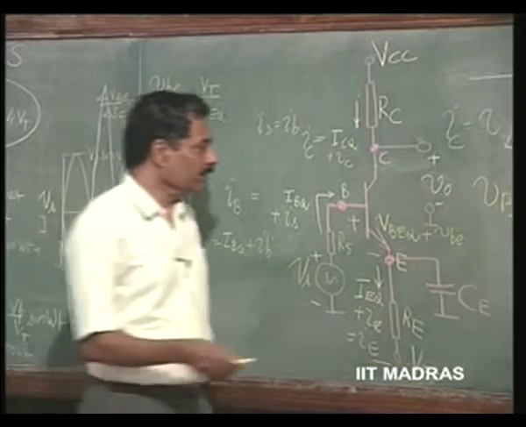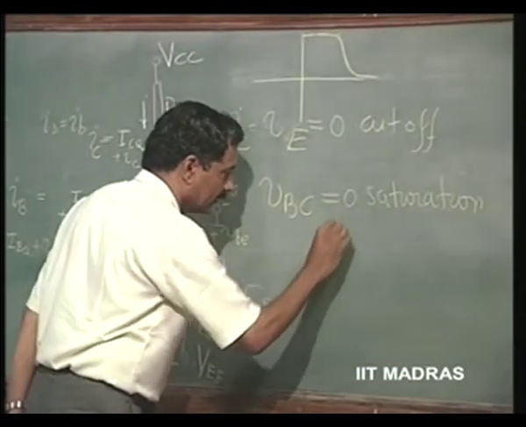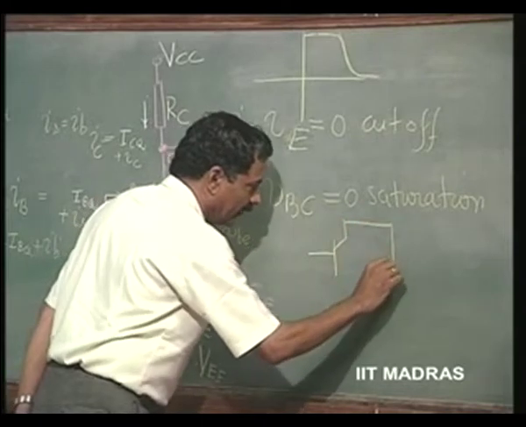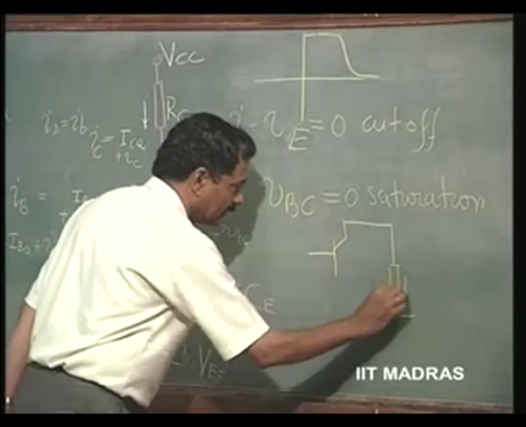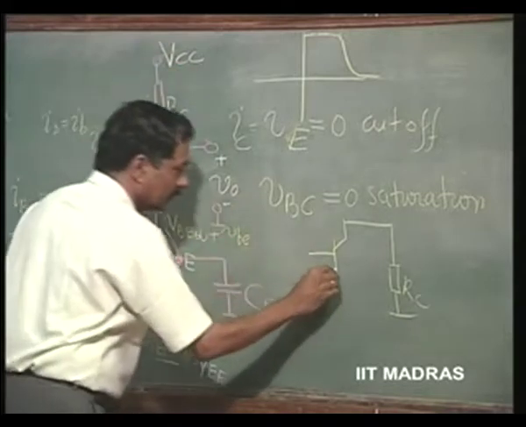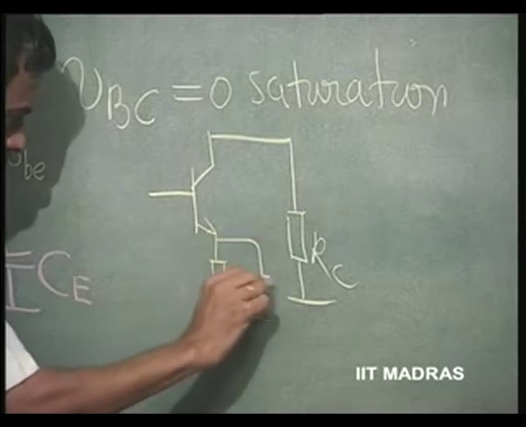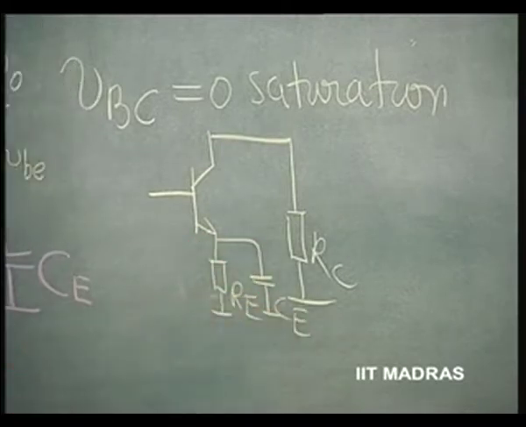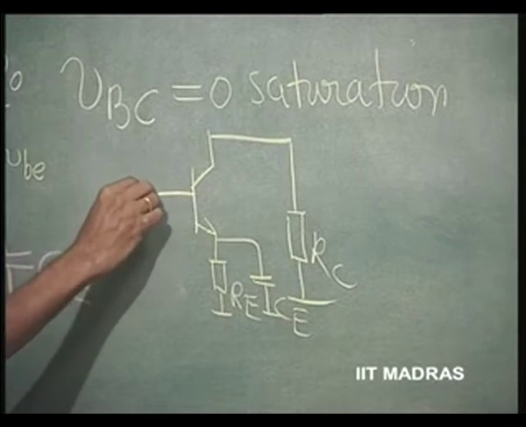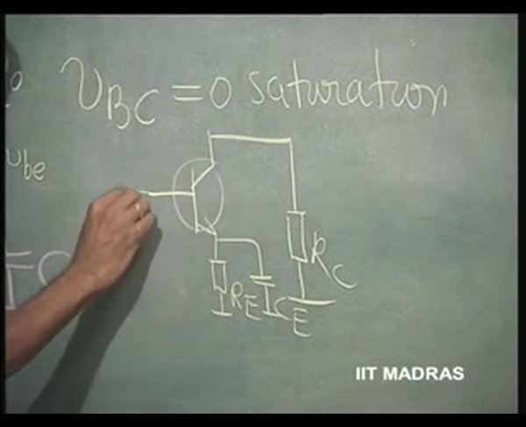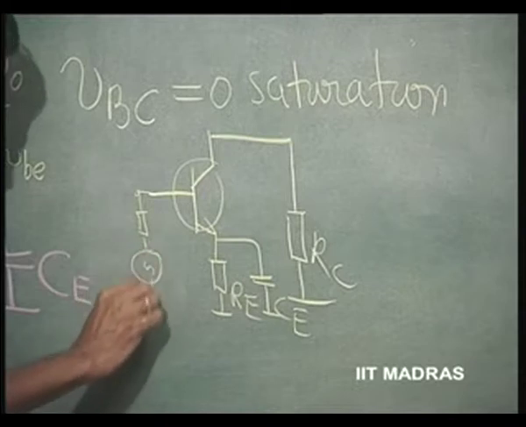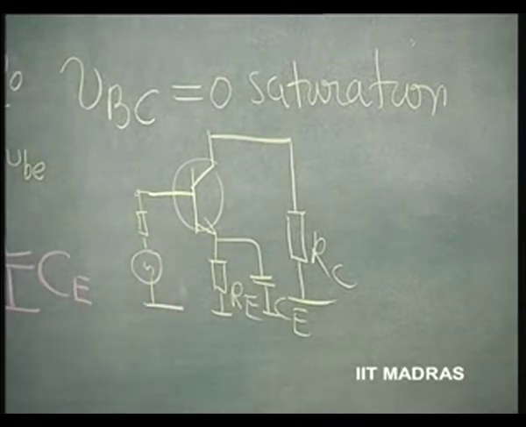And the equivalent circuit for only changes can be extracted from this. This RC is going to be grounded, and RE grounded through capacitor CE. This is the equivalent for only changes, when the changes are small.